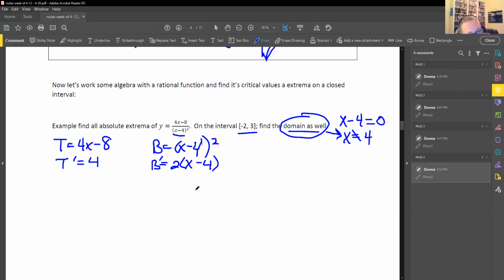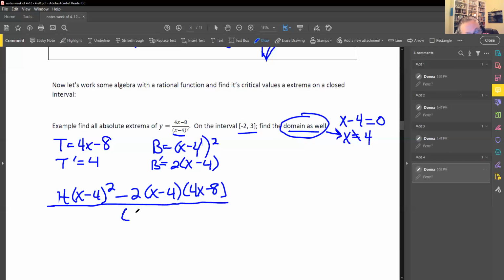I'm going to leave it like that. Now we're going to use the quotient rule: the derivative of the top, which is 4, times the bottom, minus the derivative of the bottom times the top, all over the bottom squared.